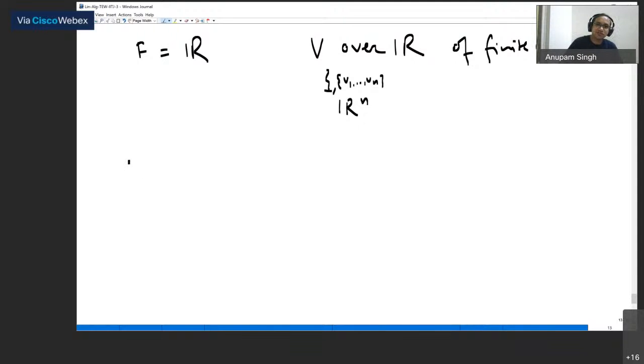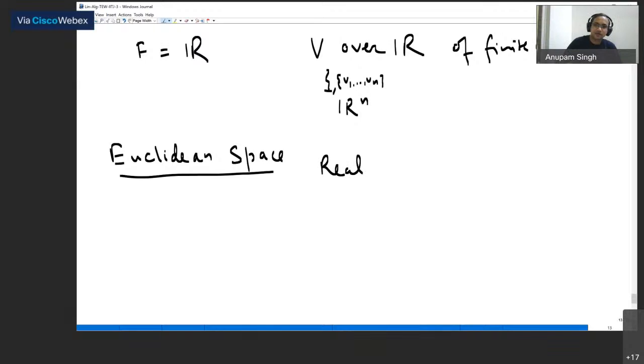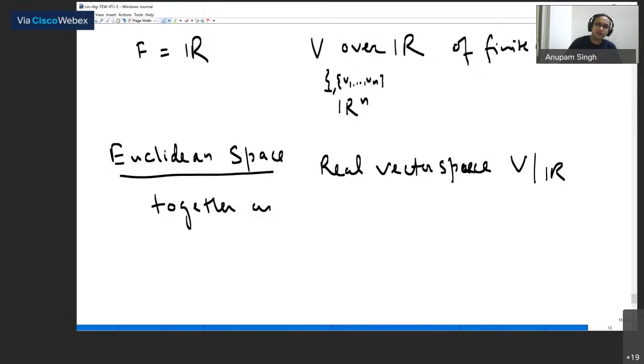And there is a very special situation we study here, which is called Euclidean space, which is nothing but a real vector space. That is, we have a vector space V over R together with what we call an inner product.